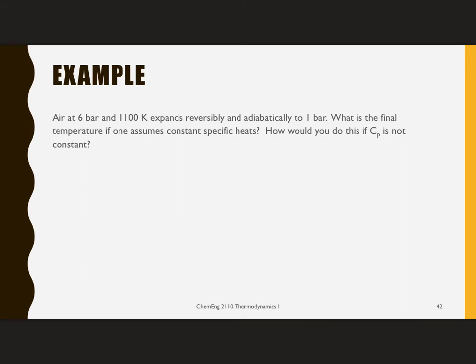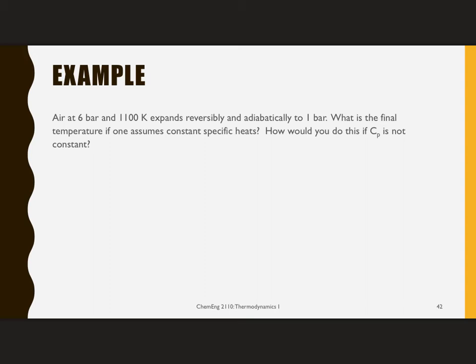Let's look at another example. For air at 6 bar and 1100 Kelvin, it's going to expand reversibly and adiabatically to 1 bar. And we want to know the final temperature if one assumes constant specific heats. And then we'll look briefly at what you would do if C sub P were not constant.